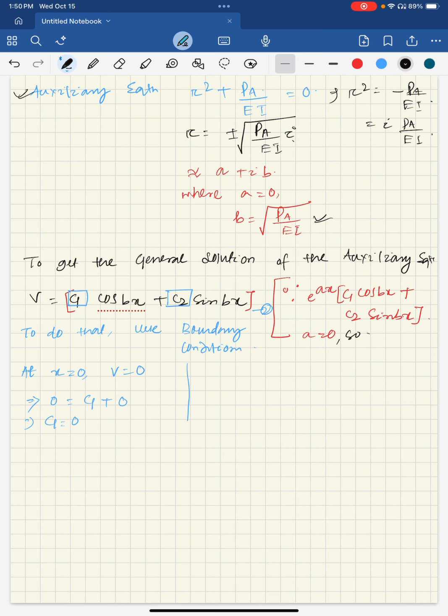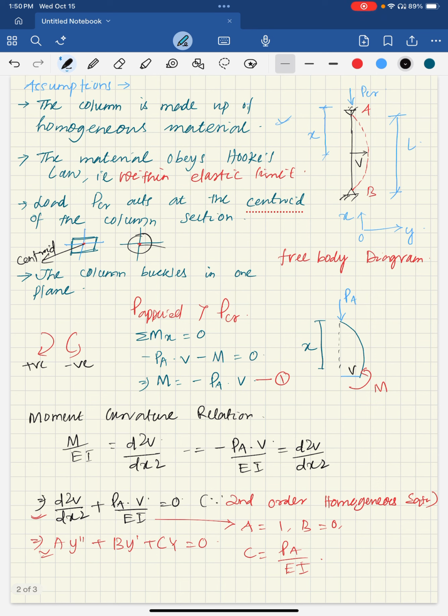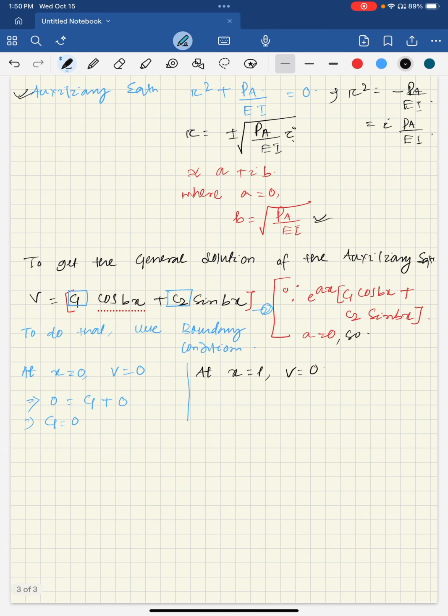Now we have another boundary condition: at x is equal to L, v is equal to 0. At x is equal to L, v is equal to 0 means at this point, at the bottom and at the top, the magnitude of v is 0, right? Now at x equal to L, we have v is equal to 0. We already got c1 as 0, and then we have c2 sin bL.